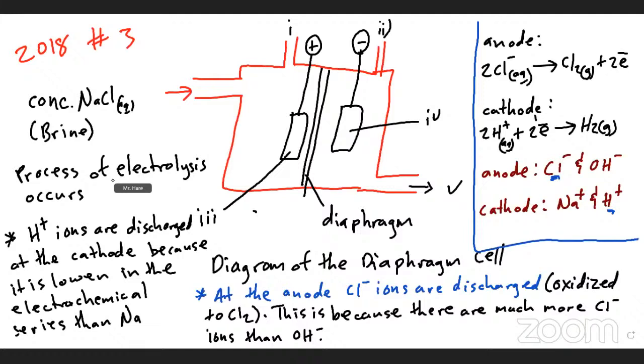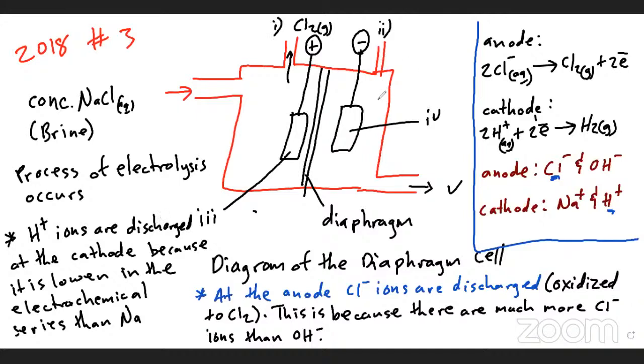Chlorine gas. So coming out of this outlet is chlorine gas.